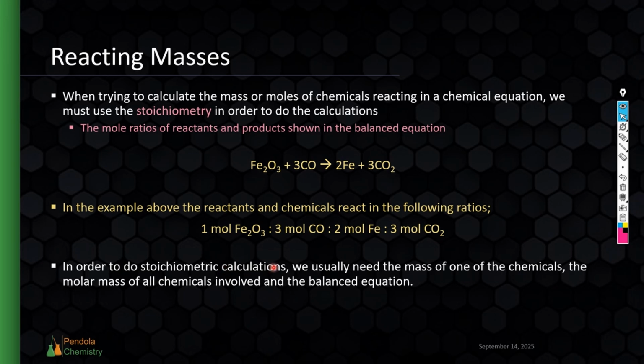In order to do stoichiometry calculations, we usually need the mass of one chemical, or a volume or number of particles. So we're going to include a lot of other concepts with what we call stoichiometry problems.